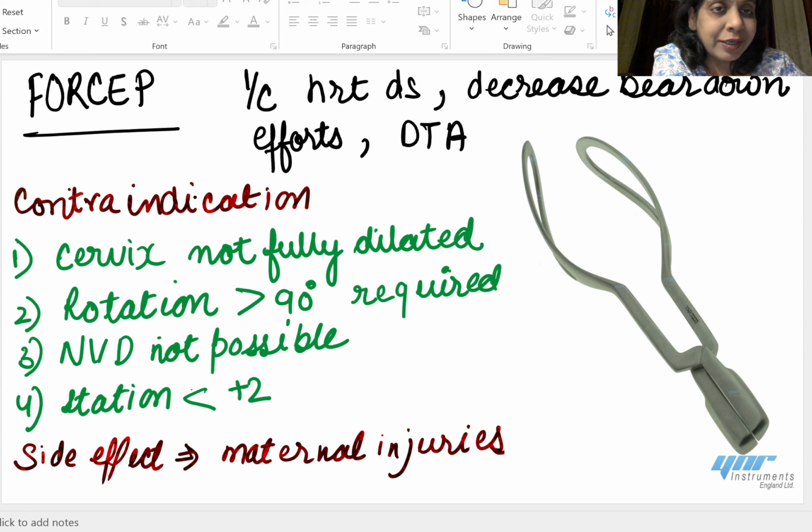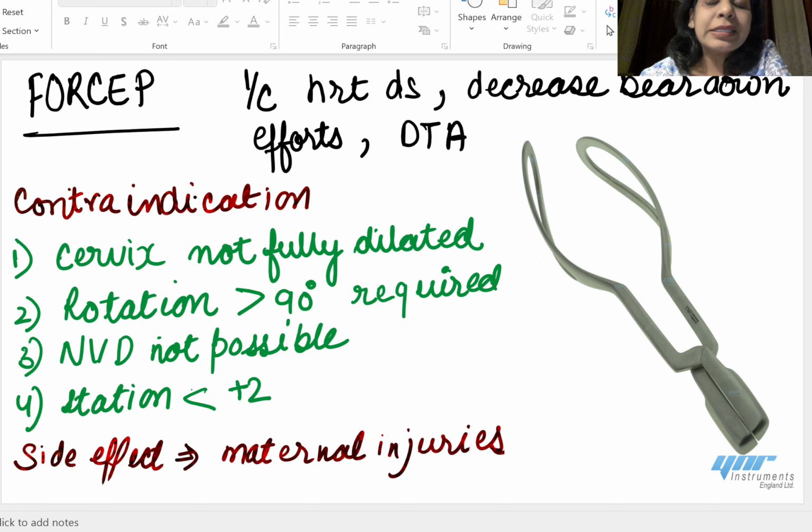Another indication is decreased bear down efforts and deep transverse arrest. So these are the three indications. These are not asked. Only the heart disease part is asked: how we manage the second stage in a mother with heart disease. We have to cut it short by forceps or vacuum, anything which we can apply.